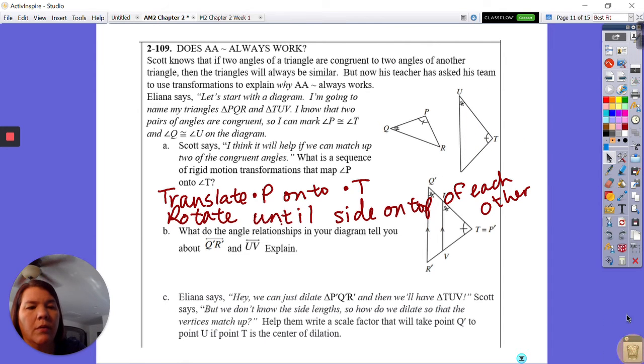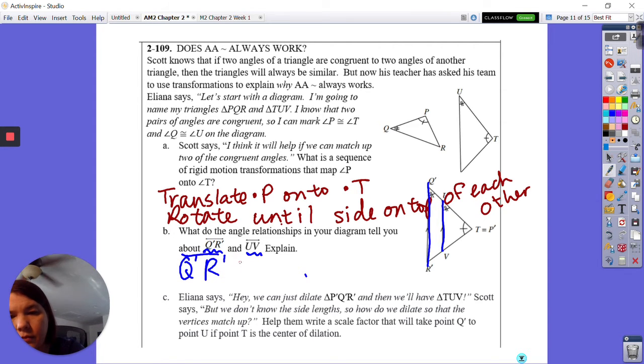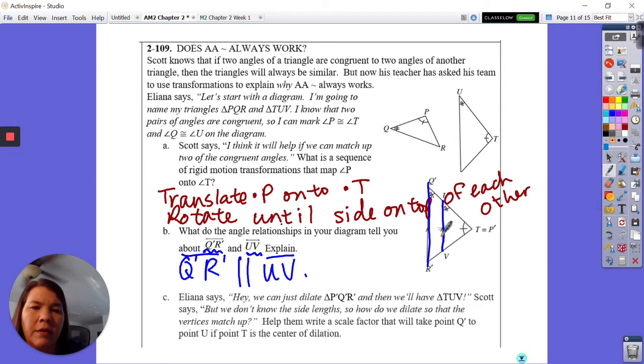Okay. So what is the relationship between this side and that side? They've drawn that they're parallel. That's why there's arrows here. And how do these two angles being congruent demonstrate that?